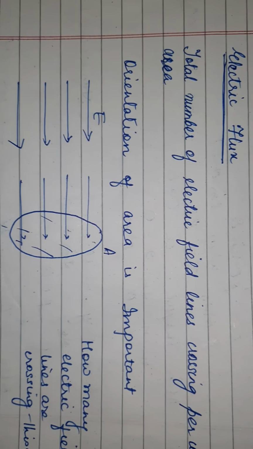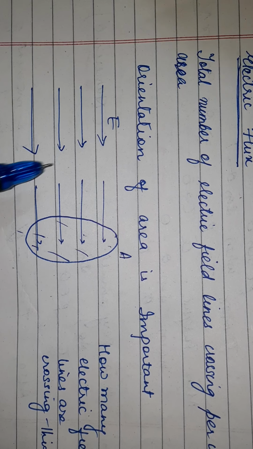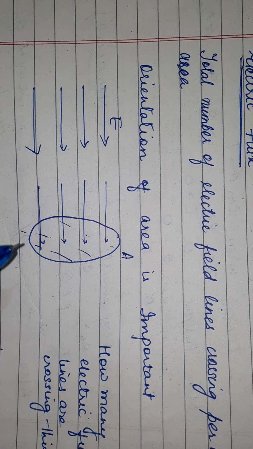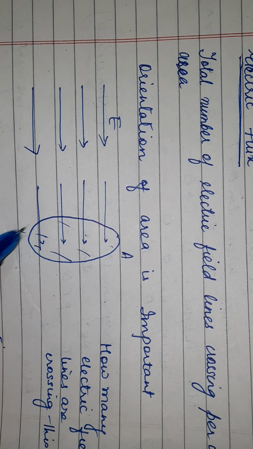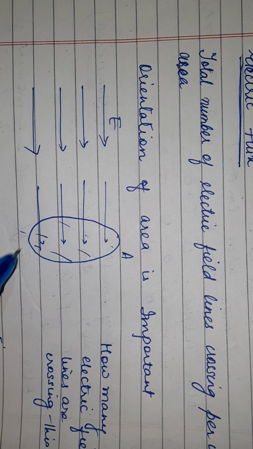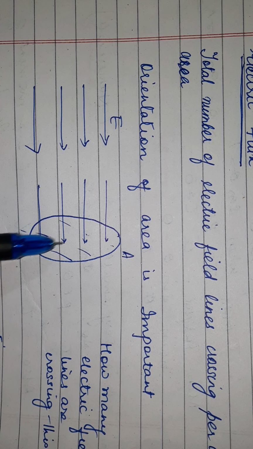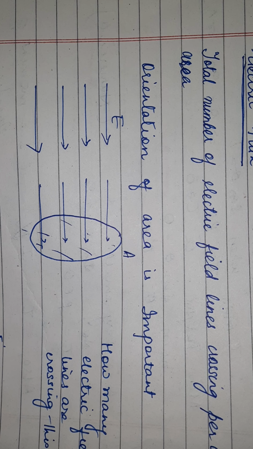In this diagram you can see these blue lines, these are electric field lines, and this is area A. You can imagine a plate for this. You can see how many electric field lines are passing through this area. 4 electric field lines are passing through this area.